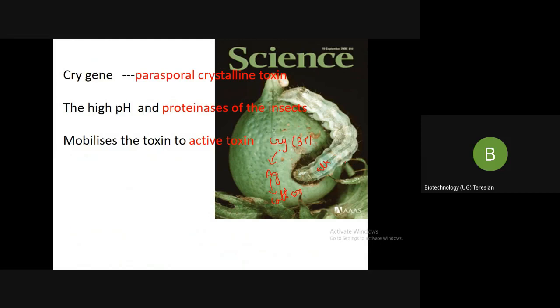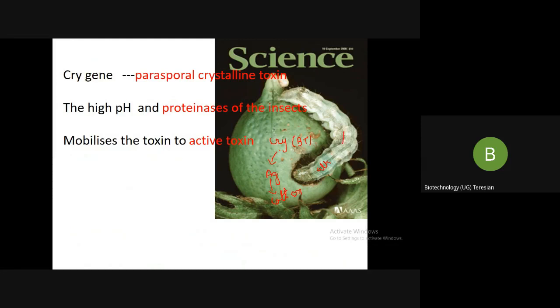The insects eat the Bt crystals and the spores which are present on your cotton plant. The toxin binds to the receptors in the gut and the insect stops eating. The crystal causes the gut wall to break.